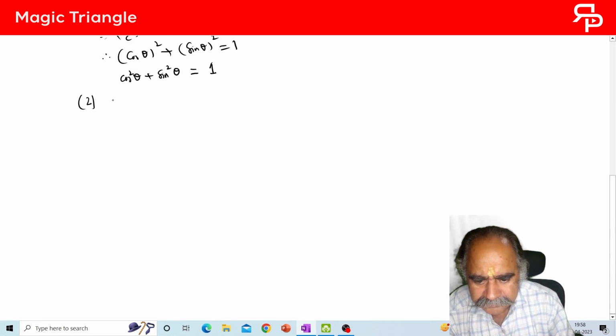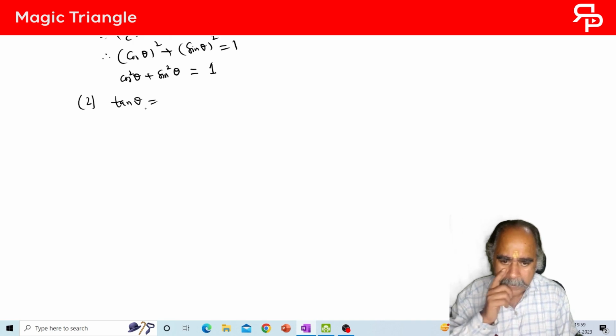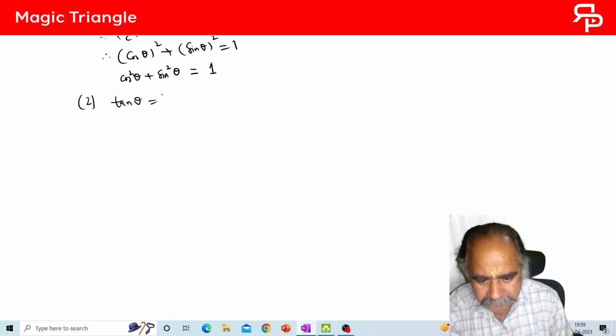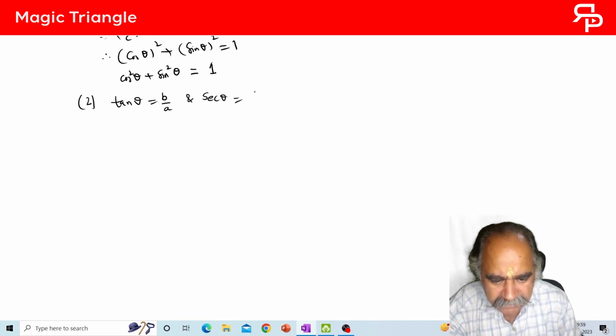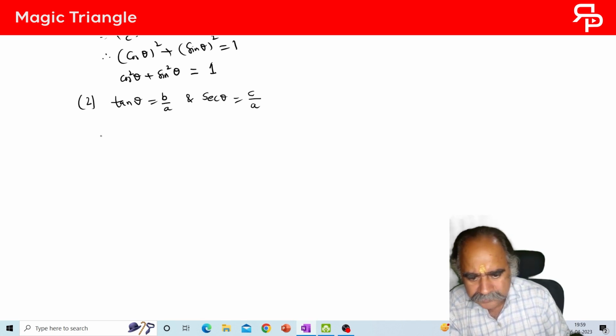Tan theta is B by A, opposite side upon adjacent side. And what is sec theta? Hypotenuse upon adjacent side. Hypotenuse was C, and adjacent side was A. You have to remember that triangle.